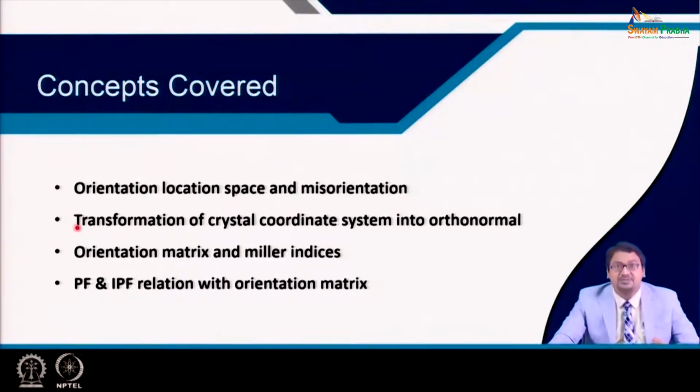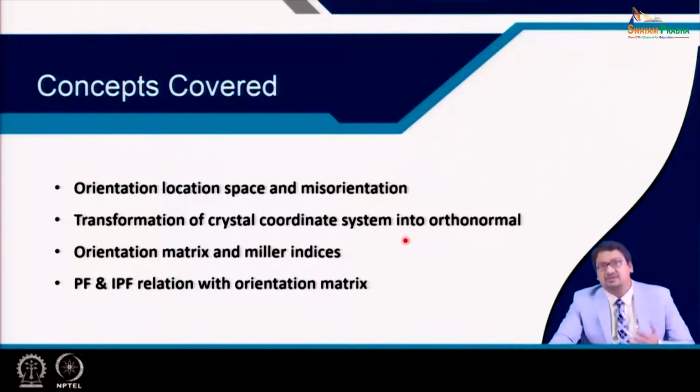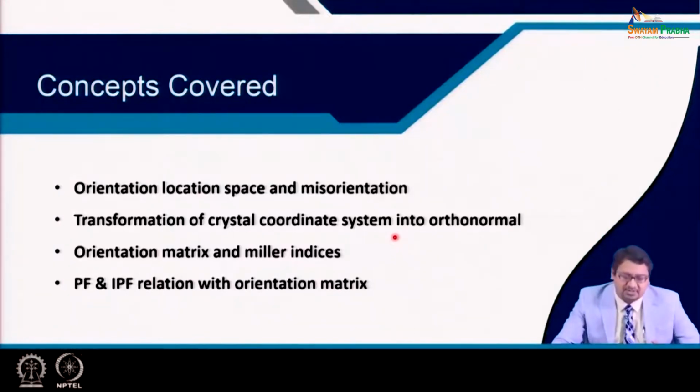Second, transformation of the crystal coordinate system into orthonormal, which is required to relate it with the sample coordinate system in order to obtain the texture. Third, orientation matrices and Miller indices, pole figure and inverse pole figures relationship with the orientation matrix.